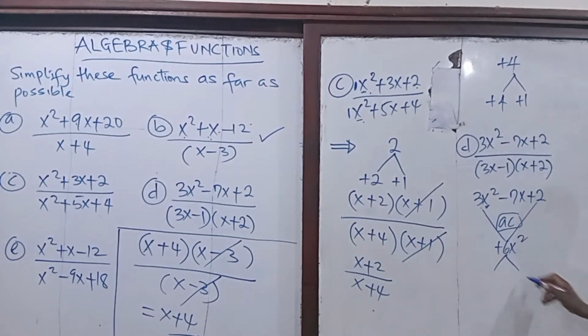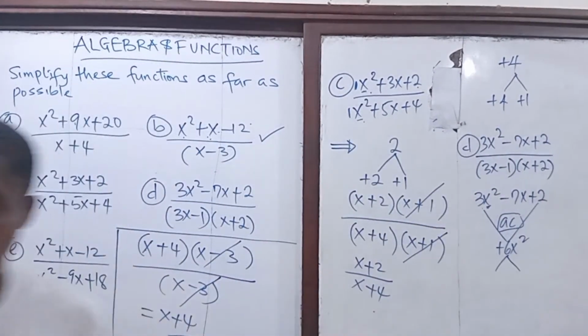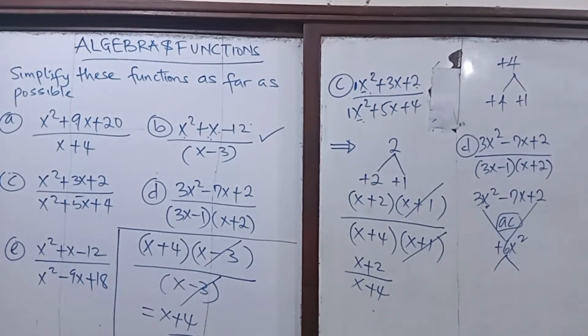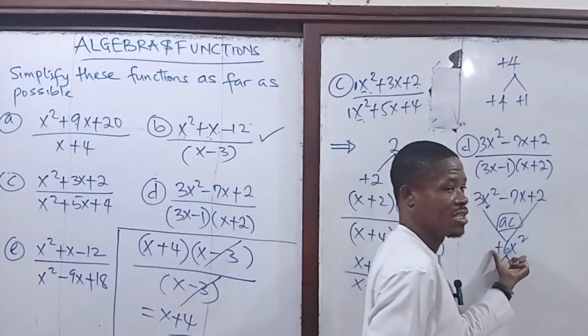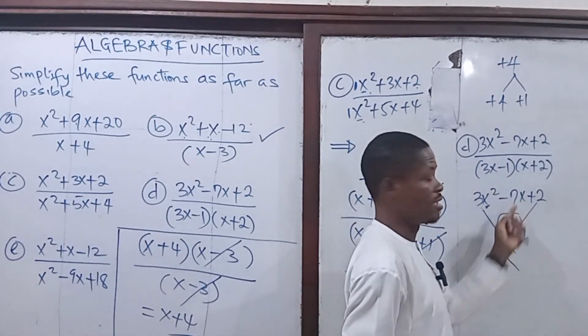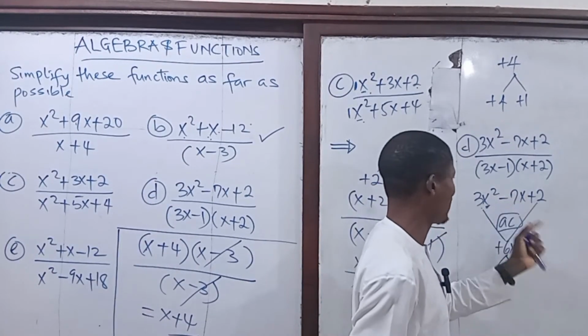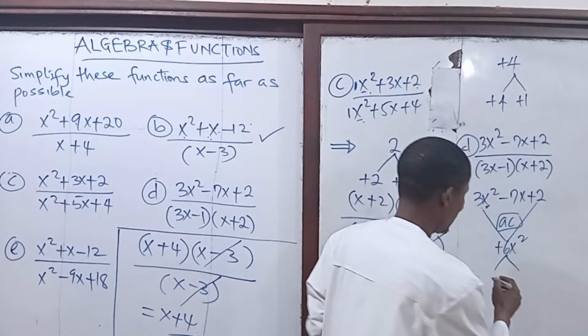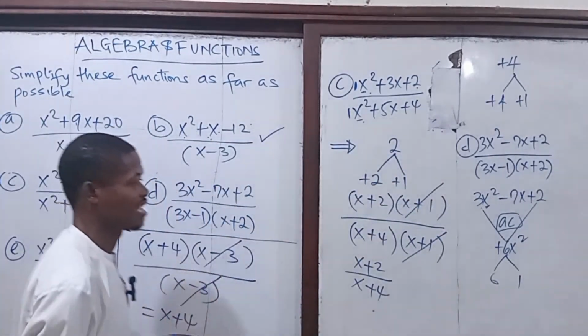Then find the two factors of 6 that can generate 7. 3 and 2 are factors of 6, but can never give you 7. So that will be 6 and 1, the two factors that can generate 7.